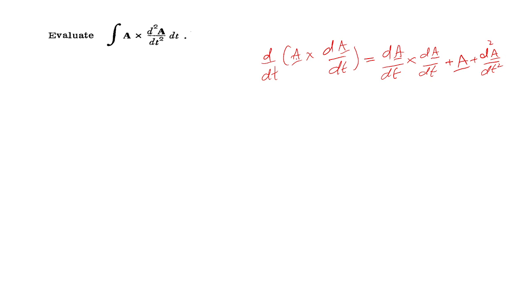So we use the product rule. First we differentiate this one, leaving this one, and then leaving this one we differentiate the second one. But we know that the cross product of this is 0 because the same vector crossed is 0.